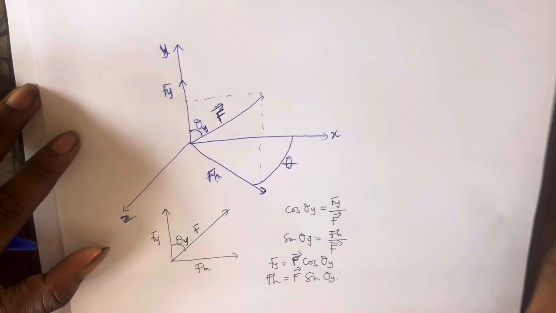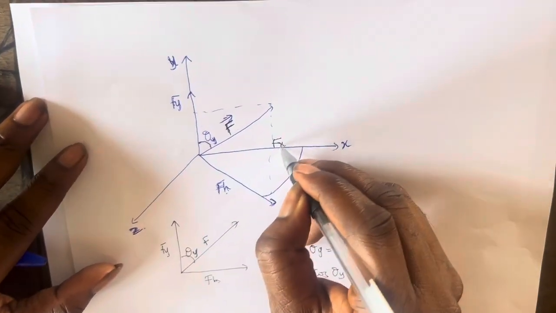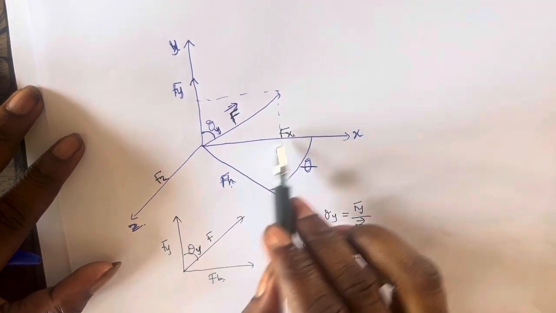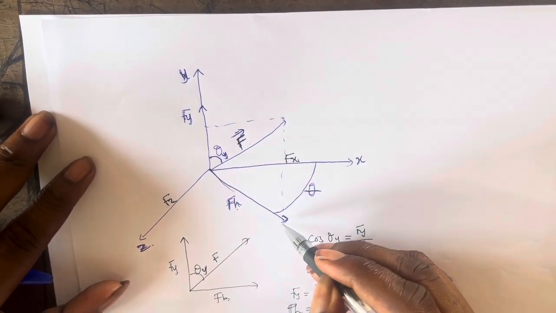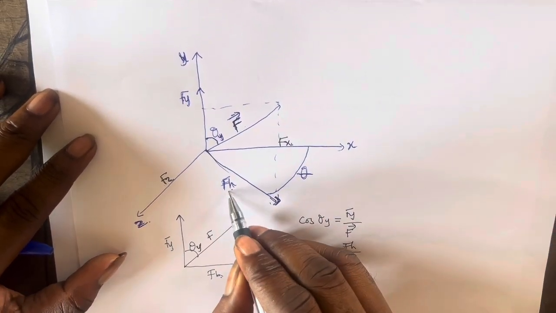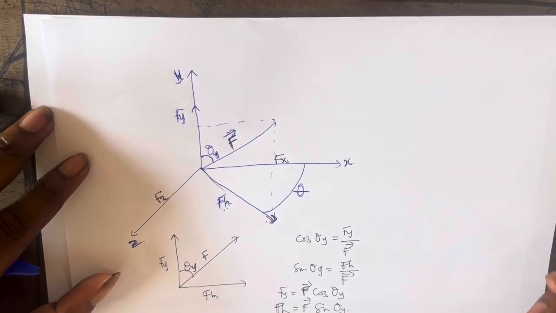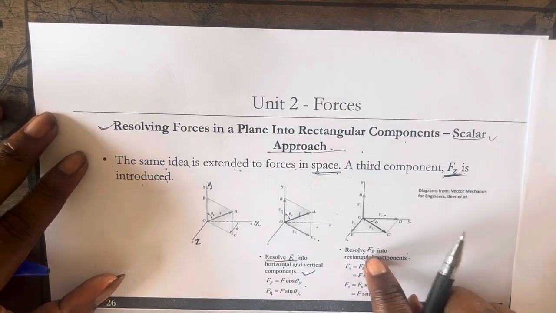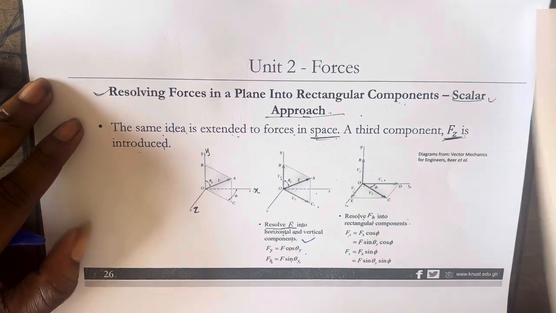So now, if you look at here, we are looking at the force Fx acting, and Fz also acting. The Fx and Fz will have their resultant force as Fh, which is the force acting within their plane. So now, to resolve Fh into the rectangular component, this is what we are getting.